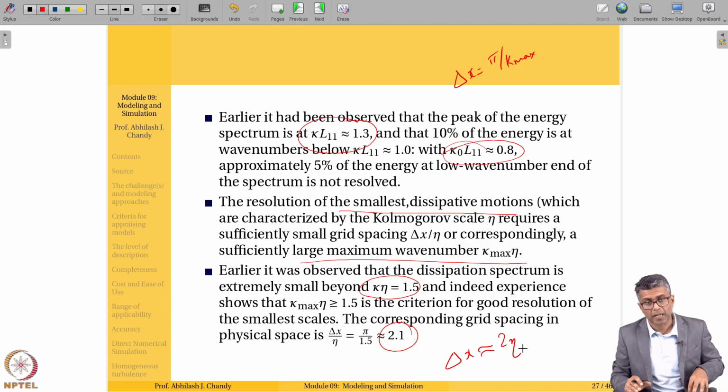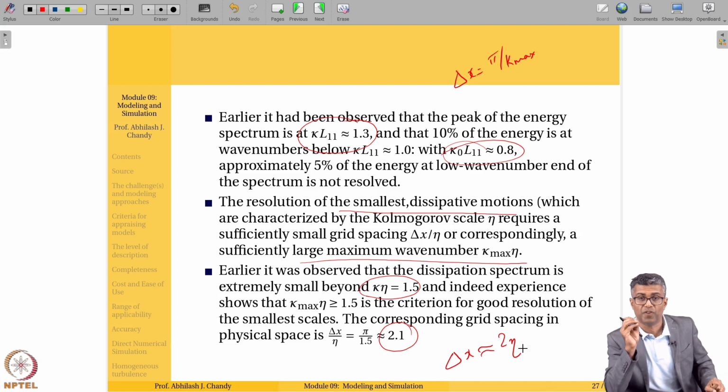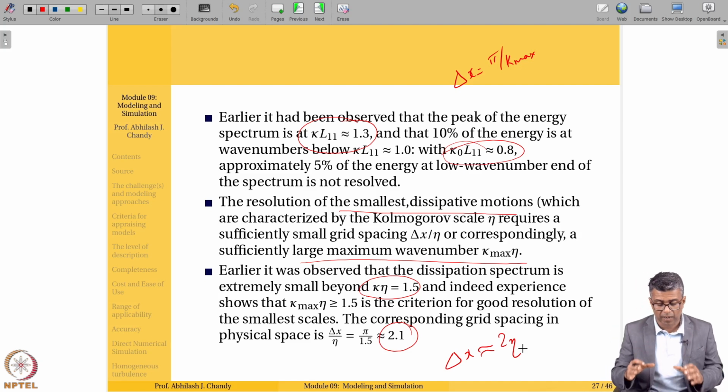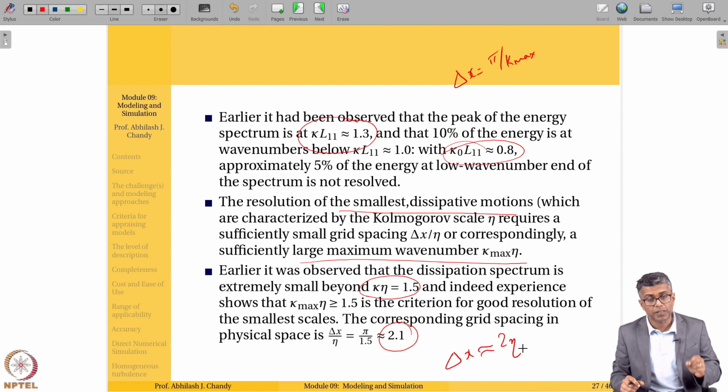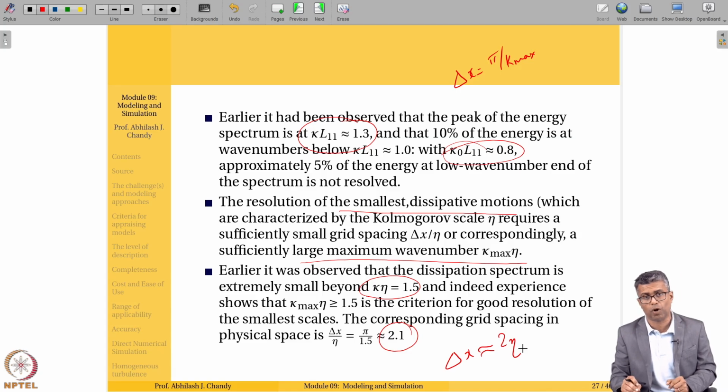Now that means you are going to miss out on some dissipative motions. Yes, but that is going to be very small. Even when we started the statement, we said that the dissipation spectrum is extremely small beyond kappa eta equals 1.5. So beyond that, if you don't resolve, yes, you are missing out on some motions and some energy, but that is going to be extremely small.